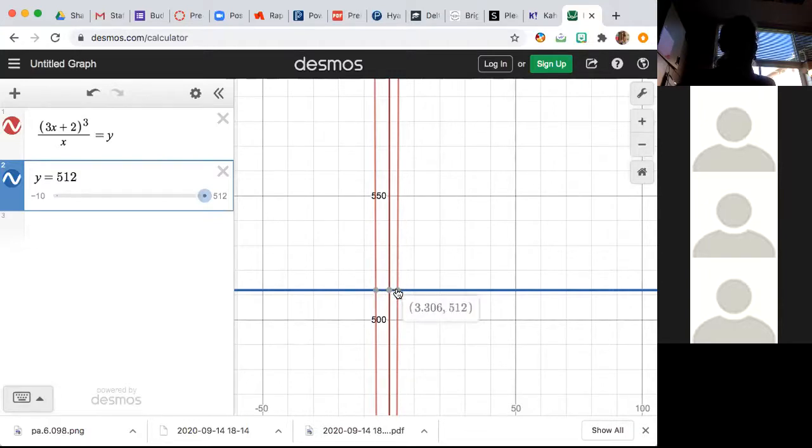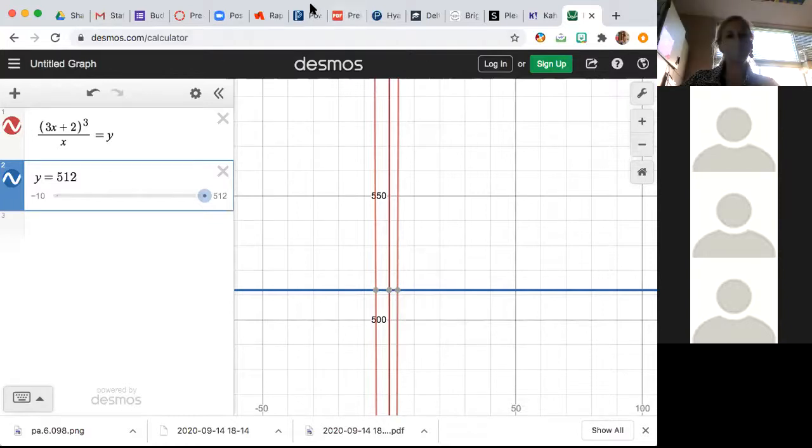The second answer for x is 3.31 if I round it. Are y'all okay with that? Okay, the second one is the y-axis. The third, like the one in the middle? This one.